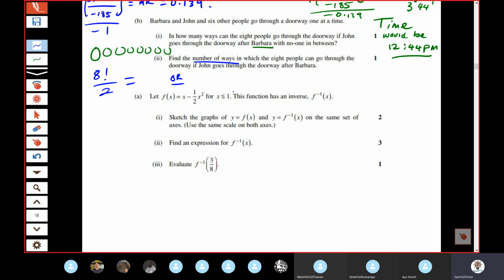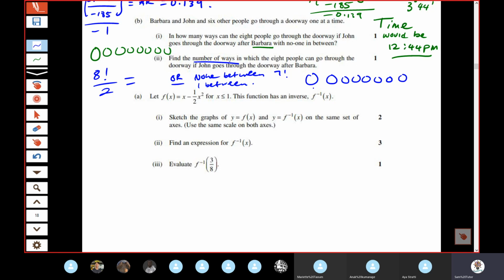Find the number of ways in which 8 people can go through the doorway if John goes through the doorway after Barbara. It could be none in between, which we just said was 7 factorial. If I did 1 between, it would look like this: positions 1, 2, 3, 4, 5, 6, 7, 8.